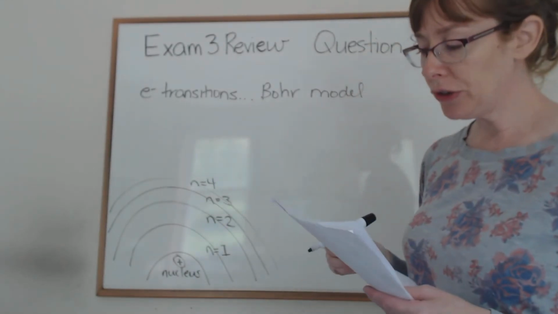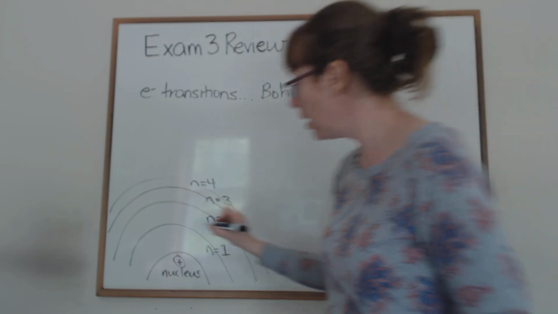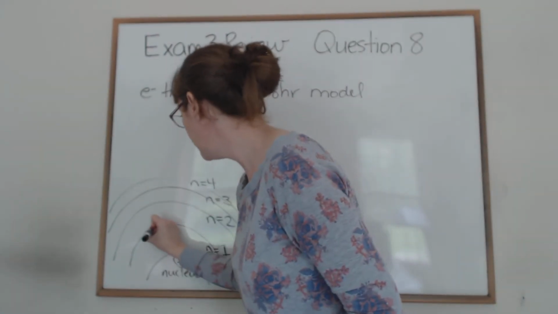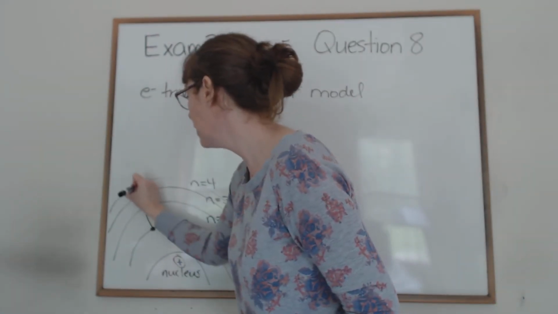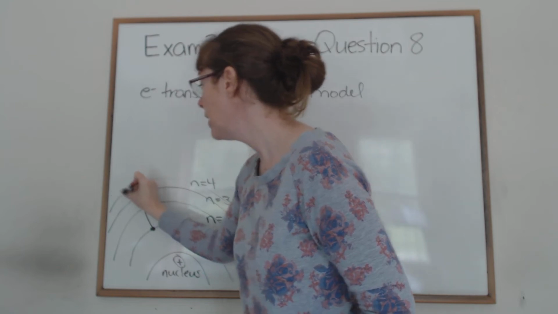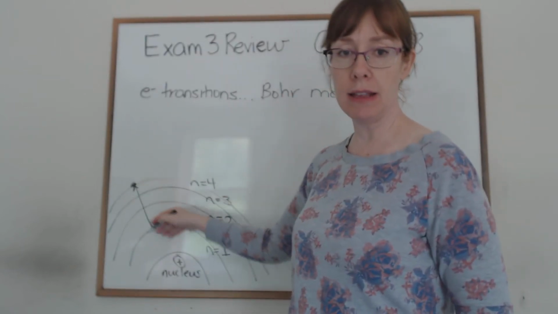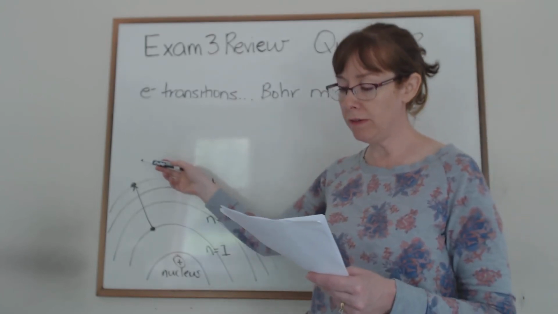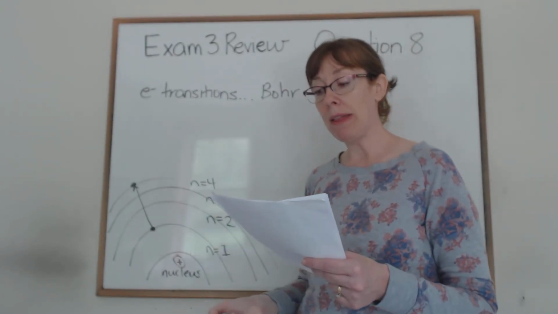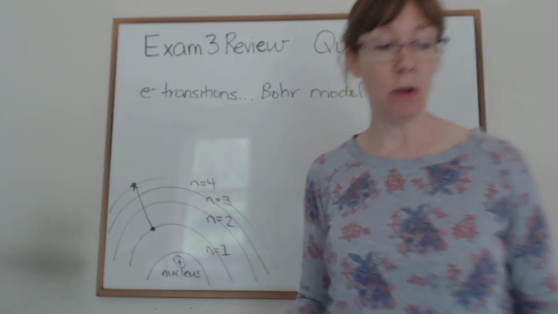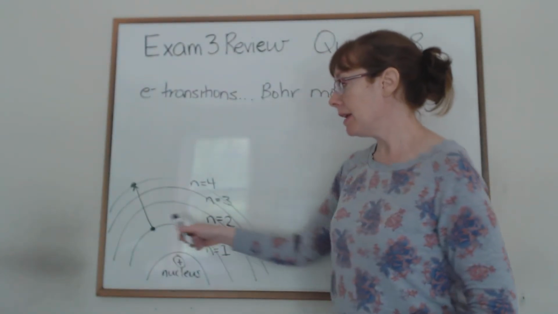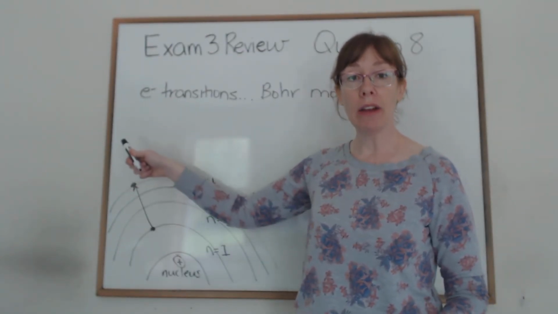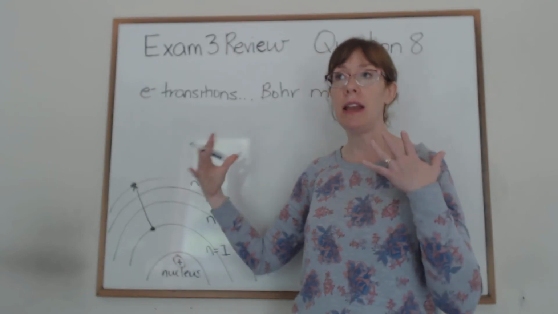So we have an electron transitioning from 1 to 4. Once again, it's not like a traveling, it's an instantaneous transition. If an electron goes from 1 to 4, will that be accompanied by the absorption or the emission of a photon? Anytime the electron is jumping up to a higher energy level, it's just like any other energy.